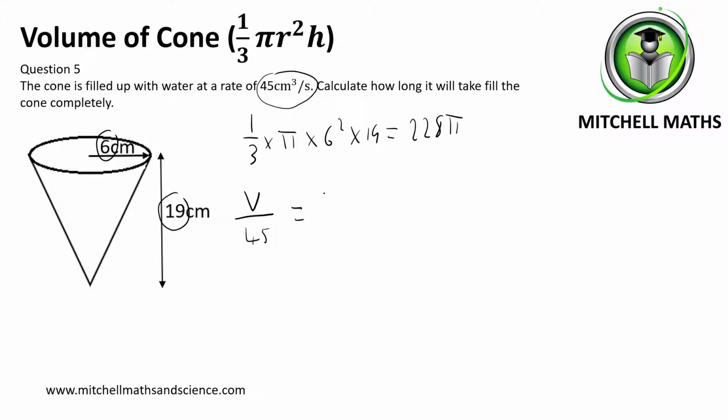So I'm going to have 228 pi over 45, and because it's filling at 45 centimetres cubed per second, I'm going to get my answer in seconds. 228 pi over 45 equals 15.9 seconds to 1 decimal place.